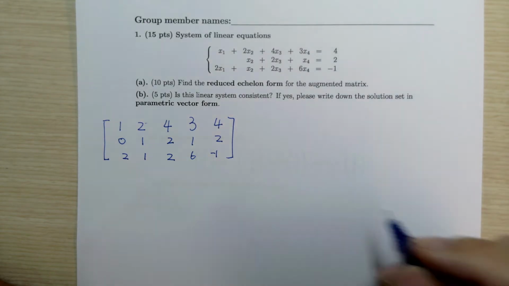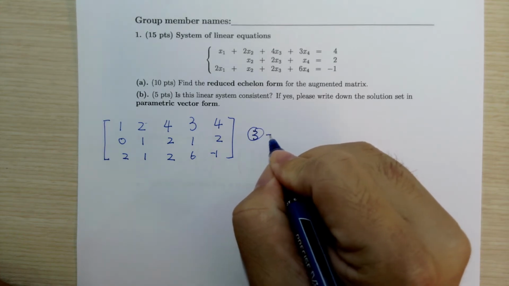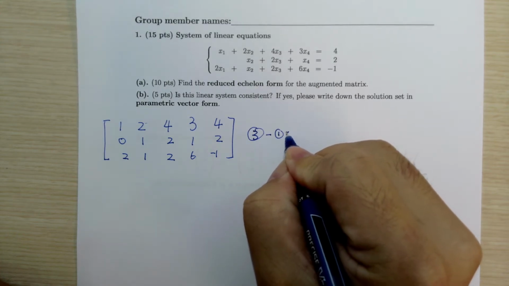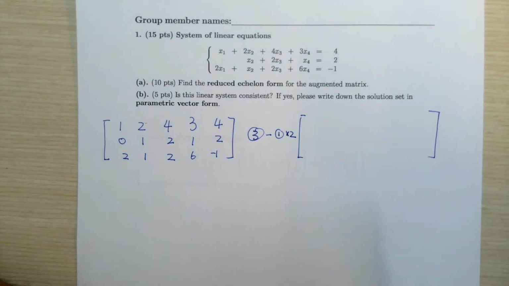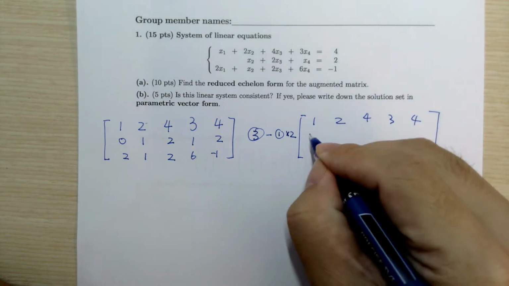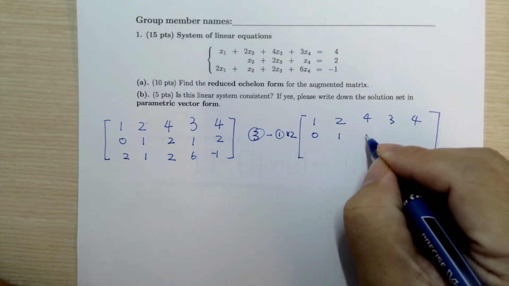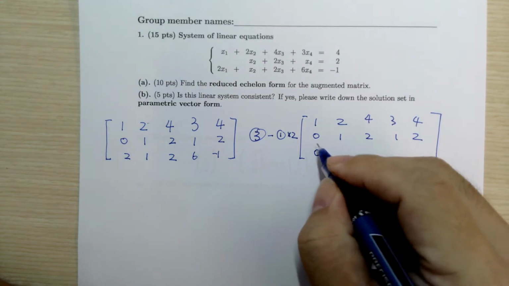What we can do is let row 3 minus row 1 times 2. So that should give us, it's still 1, 2, 4, 3, 4, 0, 1, 2, 1, 2. This is going to be 0, right?